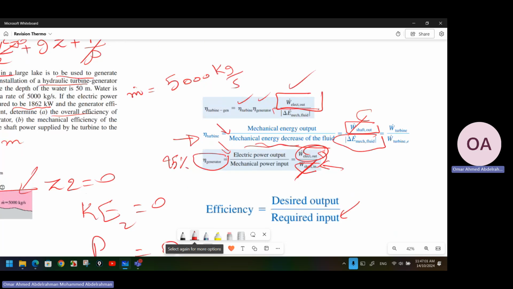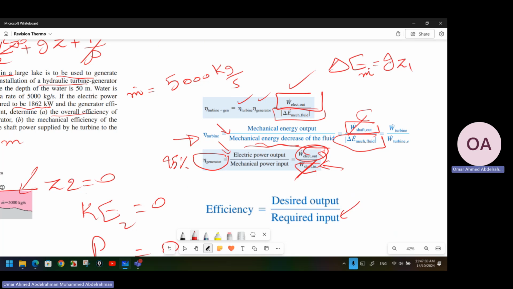I need to calculate delta E mechanical, and I only have gZ1, because the kinetic energy for both state 1 and state 2, at the upper leg or the bottom leg, is 0, as it is not moving. The potential energy for the second one is 0 because there is no height. It is my reference.